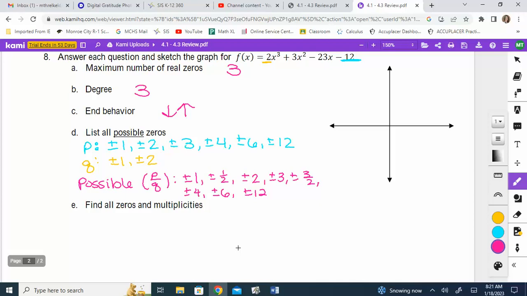What do you think? 3. 3. What do we do once we have one? Synthetic division. So this is now back to the old problems where I gave you the first 0.